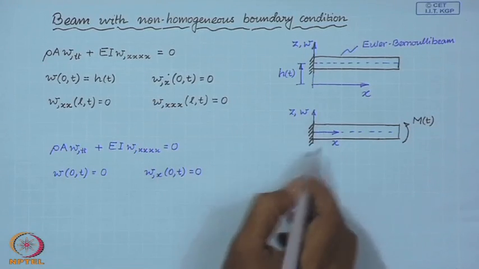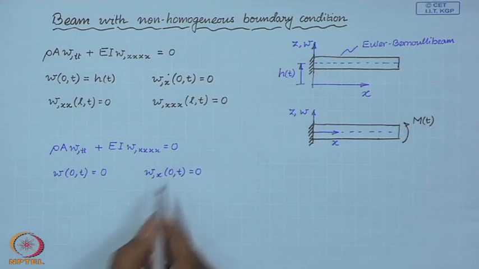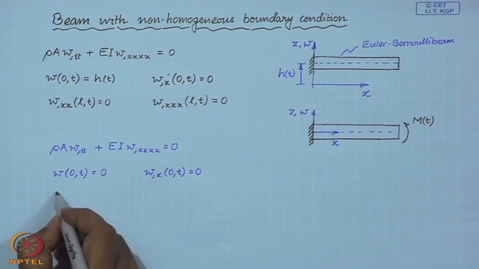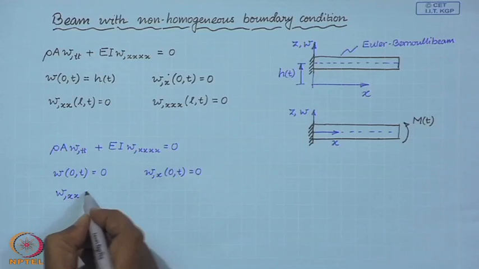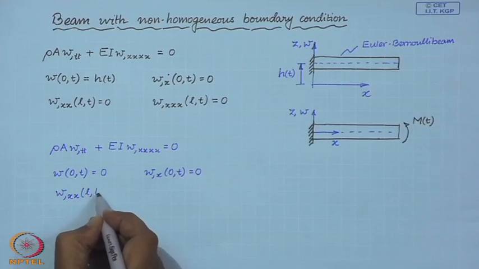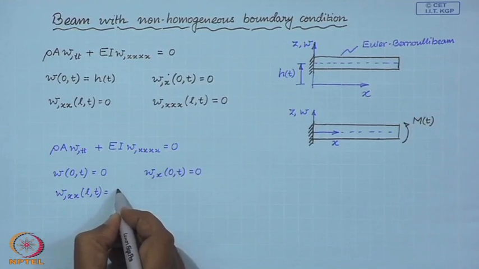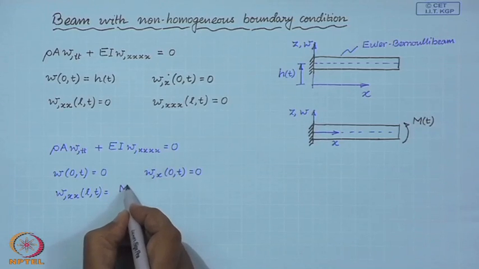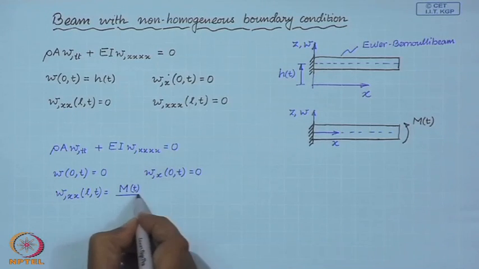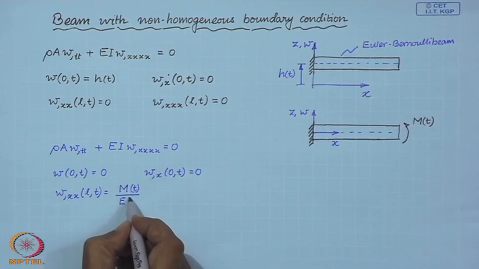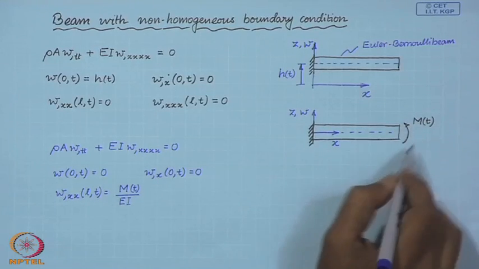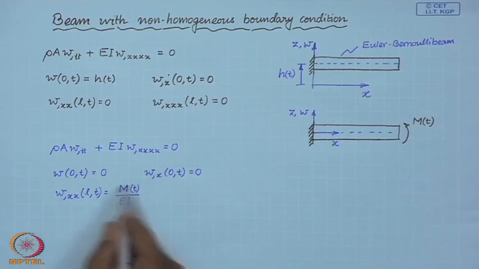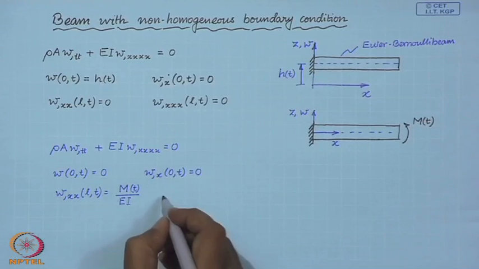Once again at this fixed end they are both 0, the displacement and the slope, whereas the bending moment condition at the free end may be written like this.